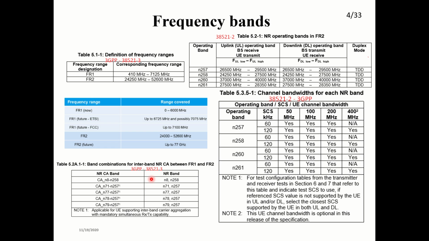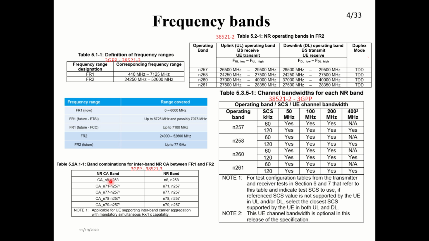If you are going for EN-DC, OTA NR dual connectivity, or carrier aggregation, the combination can be something like N78 with N258 and N71 with N257. It could be based on RF characteristics, protocol characteristics, or convenience, because you cannot have hardware supporting all of these at a time.